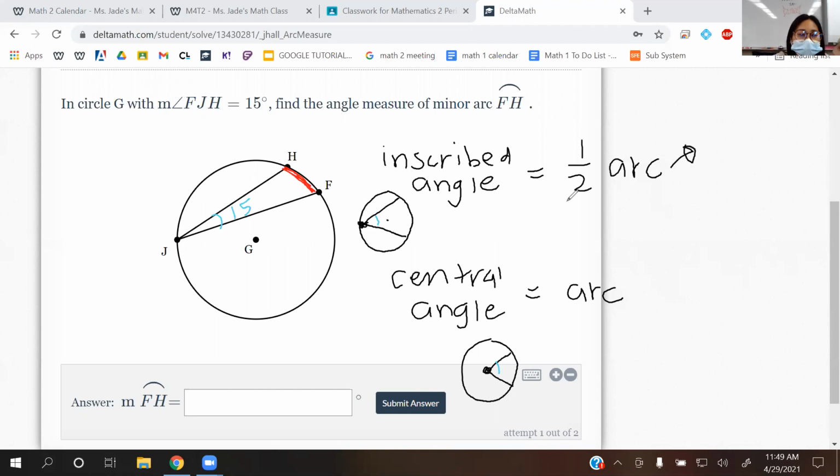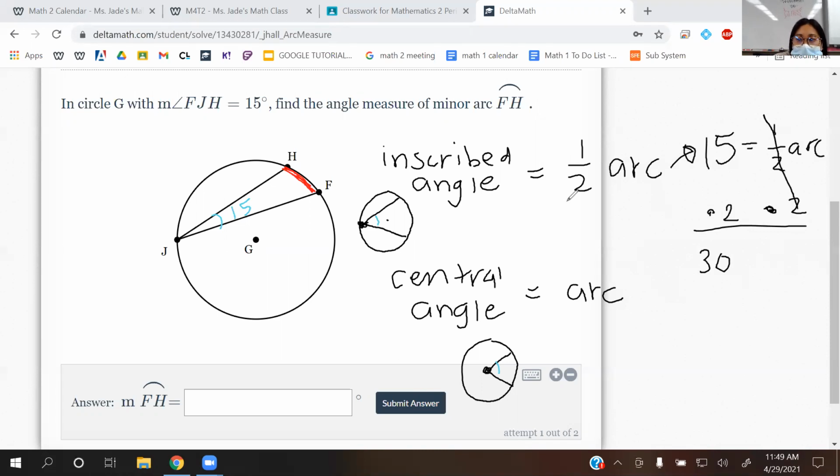So our inscribed angle, 15, is equal to 1/2 of the arc. We don't know what the arc is, so I'll just call it arc. To figure out the arc, 15 is half of the arc, so to get rid of the half, I'm going to multiply by 2. 15 times 2 is 30.